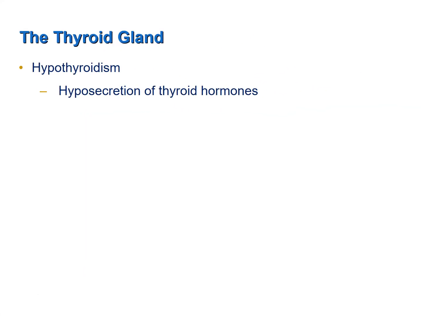Hypothyroidism results from the hyposecretion of thyroid hormones, or in other words, a below normal release of thyroid hormones from the thyroid gland. If an iodine deficiency is the cause of the hypothyroidism, in other words, if the body isn't receiving enough iodine to meet the requirements of normal production of thyroid hormones, an enlarged thyroid gland or goiter may be present.